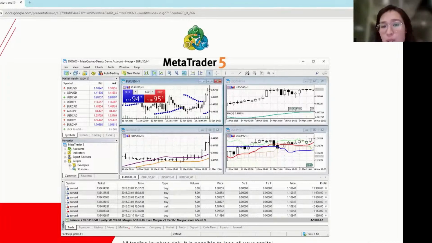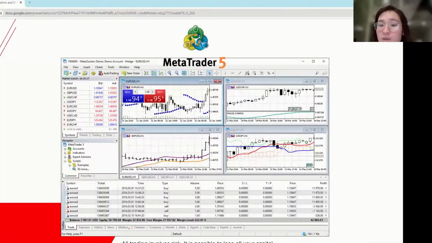So the main difference between MT4 and MT5 is that MT5 supports not only forex trading, but also stocks, commodities, futures, and even crypto as well. So it makes it a multi-asset platform suitable for a wider range of financial instruments.